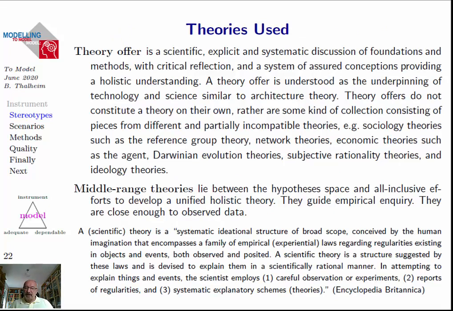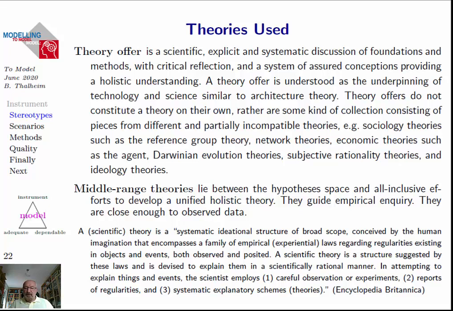Sometimes they are called middle range theories. They lie between the hypothesis space and somehow are used to develop a unified holistic theory. A theory offer is nothing else than taking parts and pieces from different theories and using them in a proper way in an integrated form.